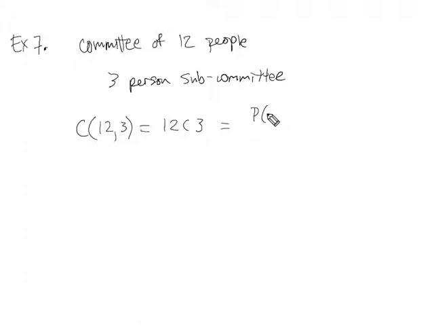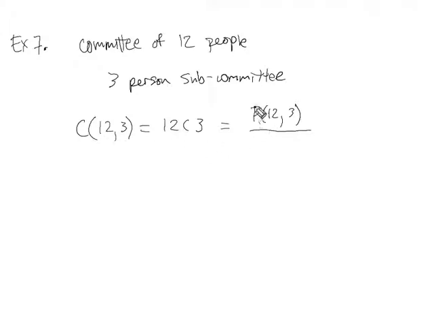We could compute this by computing a permutation with n equal 12 and r equal 3, except now we would divide that number in order to get the combination, not the permutation.